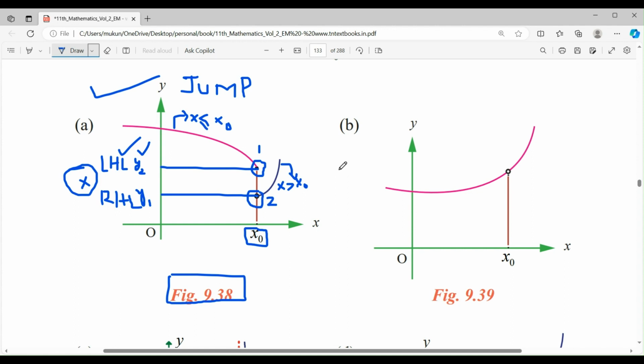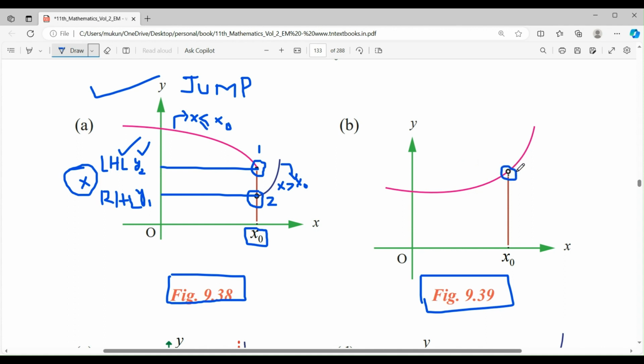So we will move to the next graph, which is on your right, as denoted by figure 9.39. And we have a graph denoted by the pink line where the continuity is destroyed at x equals x naught because we see this open circle here, right?